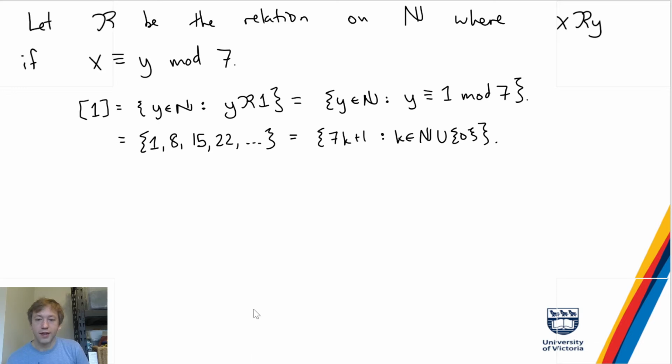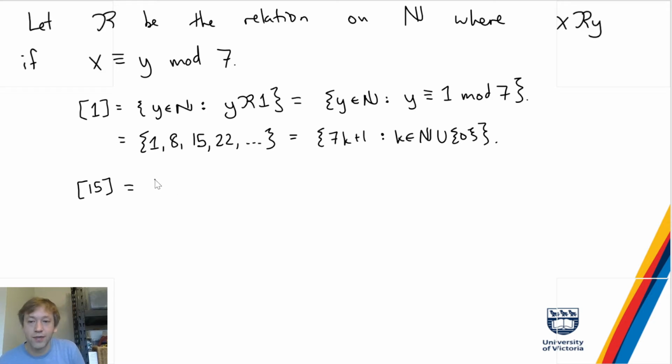So notice that if I was to write the equivalence class of the number 15, this is also the same set. The set of things which are related to 15 under this relation is exactly the same as the set of things that are related to 1, because to be related to 15, you have to be congruent to 1 modulo 7.